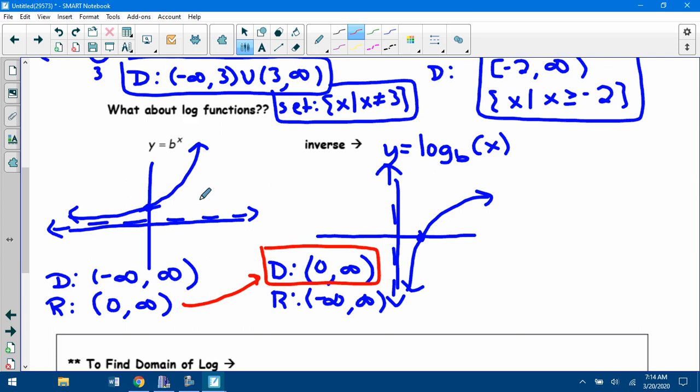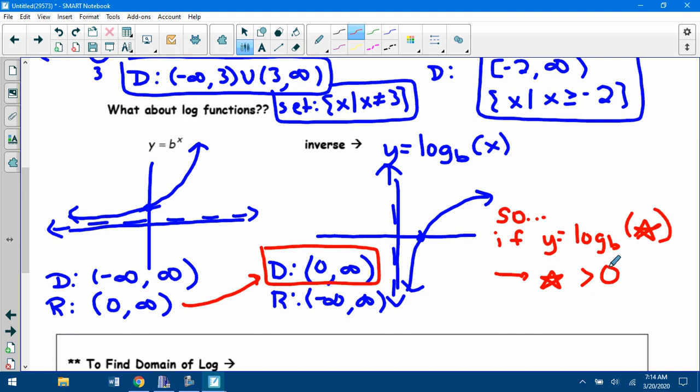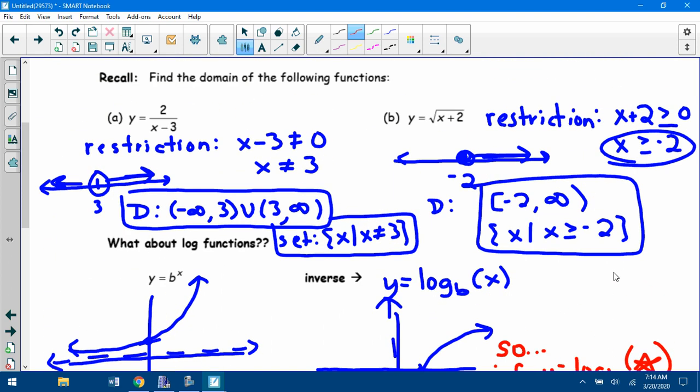So here's the rule. If you have y equals log base whatever of something, I'm just going to call it star, the stuff inside that log, star, has to be strictly greater than 0. So a little bit different than radicals, which could be 0.